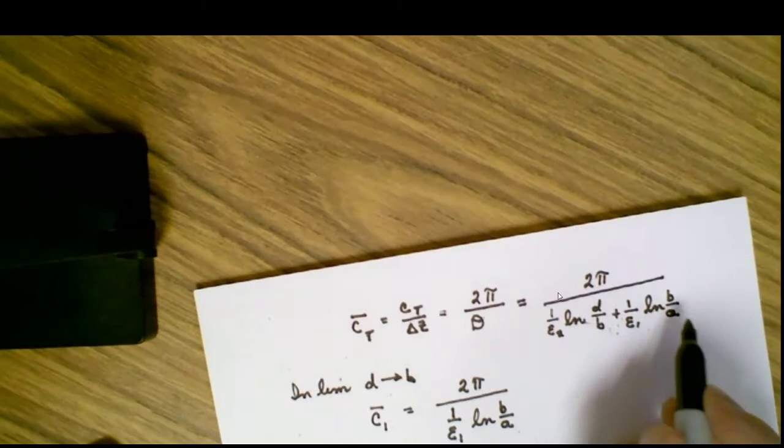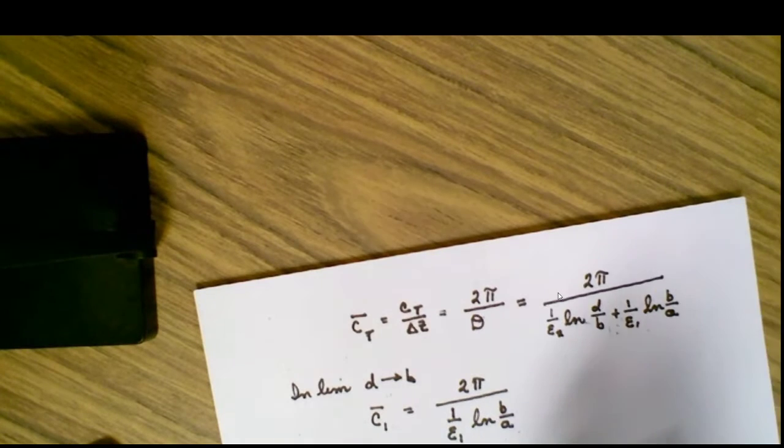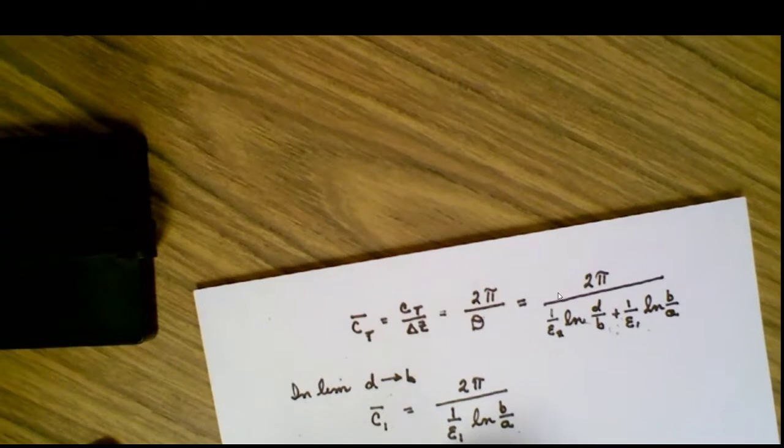And we see that that's the case here because the natural log of 1 is 0. And hence, the capacitance per unit length in this particular region, we'll call it region number 2, is going to be equal to 2 pi over 1 over the permittivity of region number 2 times the natural log of d over b.